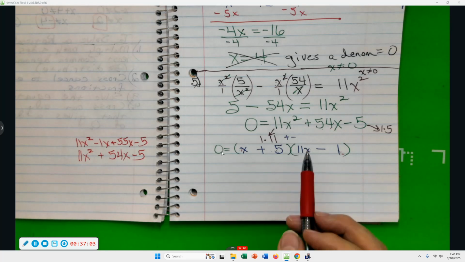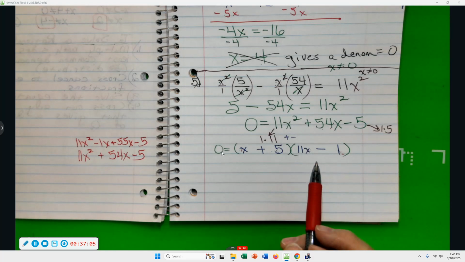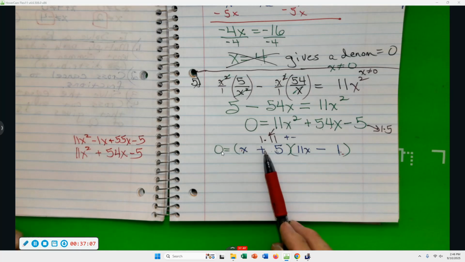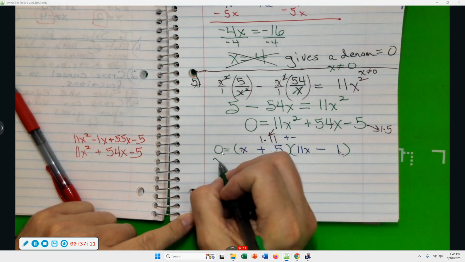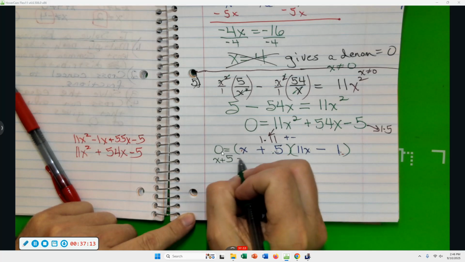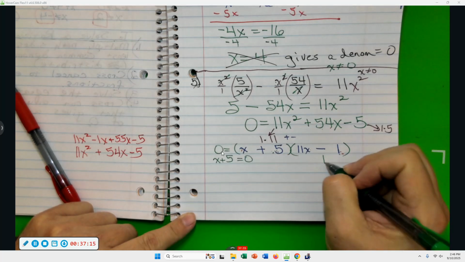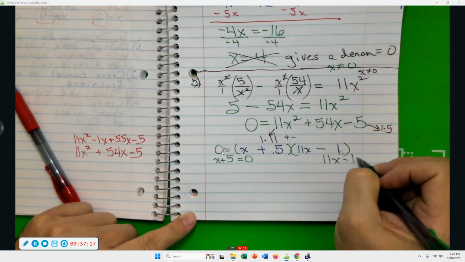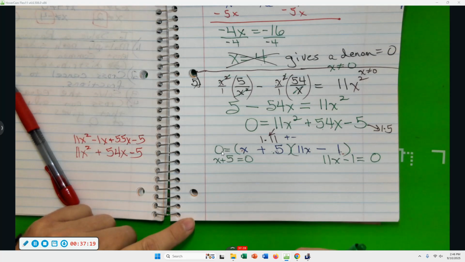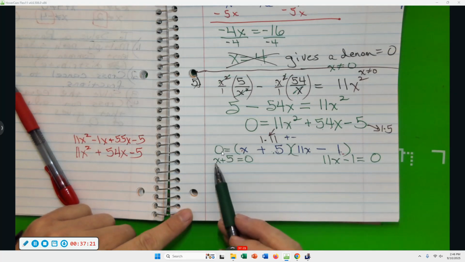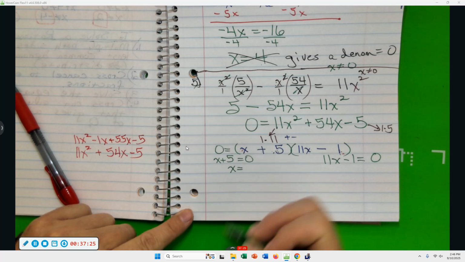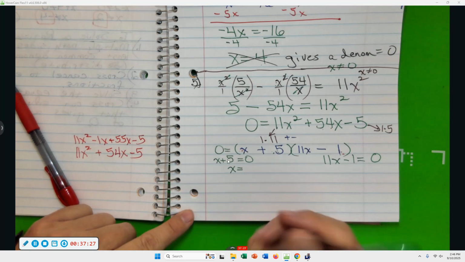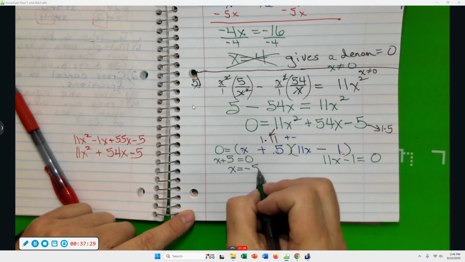We're not through with the problem, though. We still have to set each factor. Set the x plus 5 equal to 0. Set the 11x minus 1 equal to 0. This first equation says that x equals negative 5.